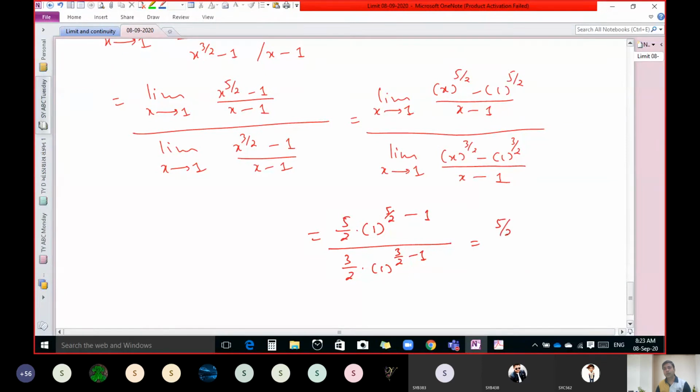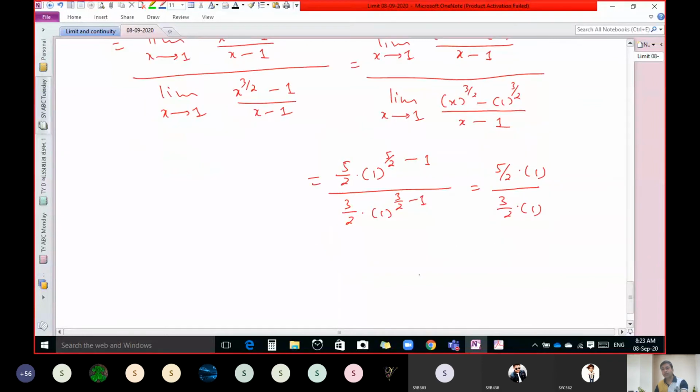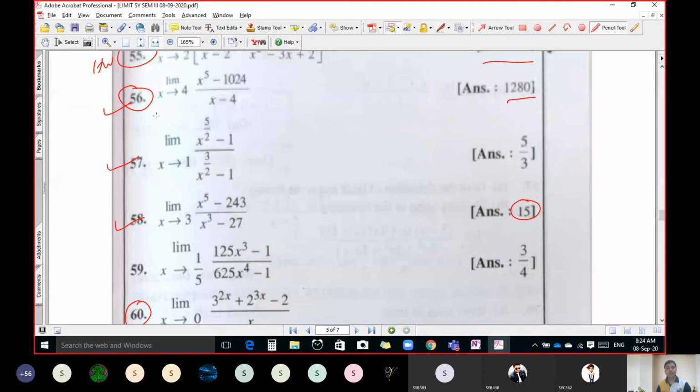So the answer is 5 by 2 into 1 upon 3 by 2 into 1. The numerator is 5 by 2 and the denominator is 3 by 2, you can cancel this 2. So the final answer is 5 by 3. The answer of question number 57 is 5 by 3.